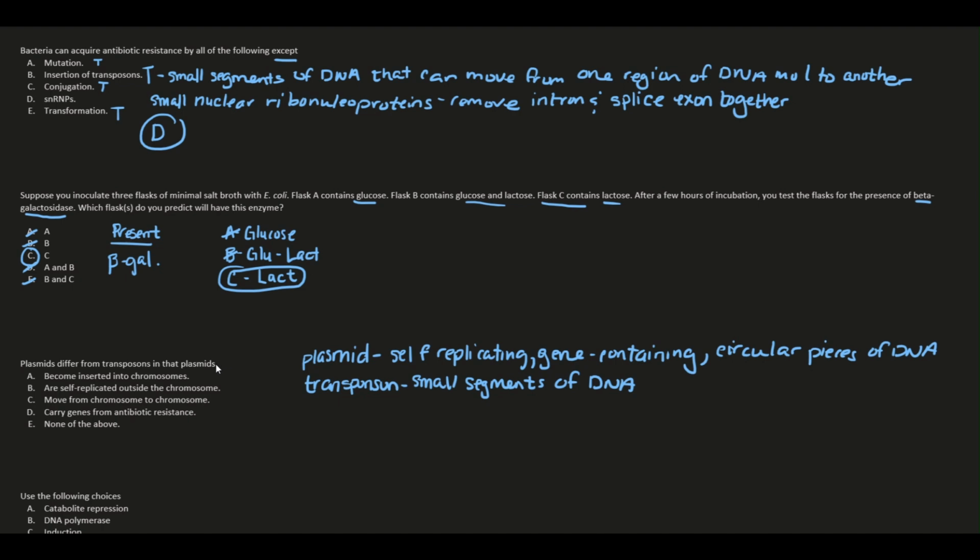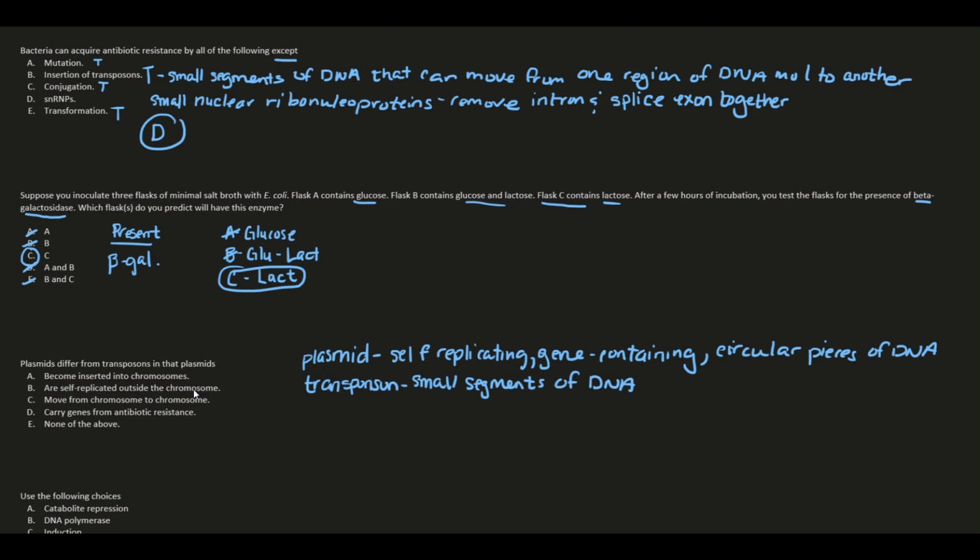All right, plasmids differ from transposons in that A, become inserted into chromosomes, B, are self-replicated outside the chromosome, C, move from chromosome to chromosome, D, carry genes for antibiotic resistance, or E, none of the above.